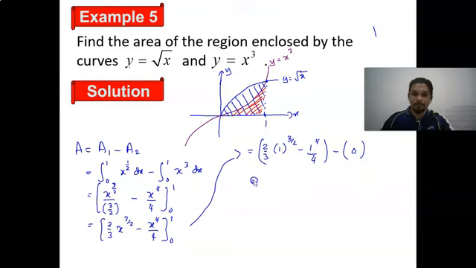So 2 over 3, and 1 to the power of 3 over 2 is still 1. So 2 over 3 minus 1 over 4. The common denominator is 12: 2 times 4 equal to 8, minus 1 times 3 equal to 3. So 8 minus 3, which is 5 over 12 units squared.